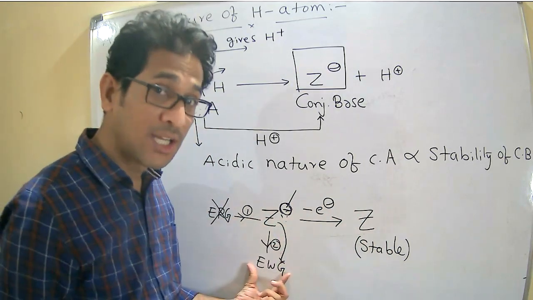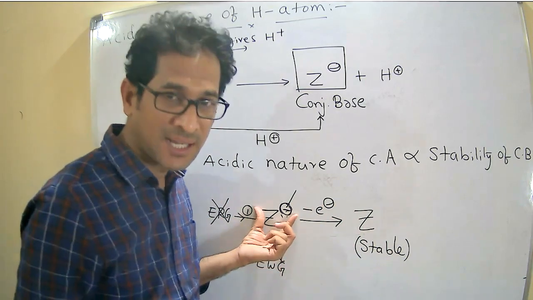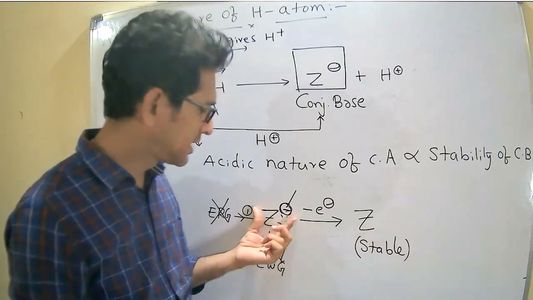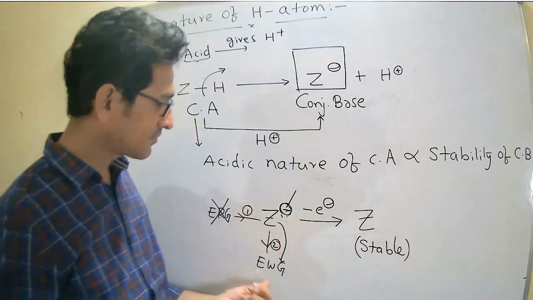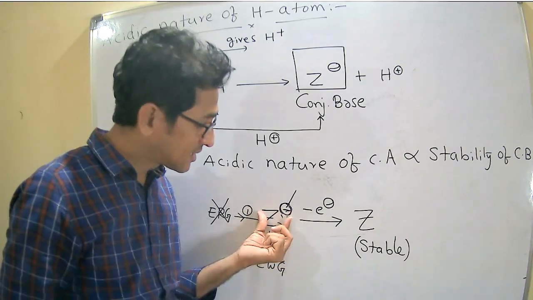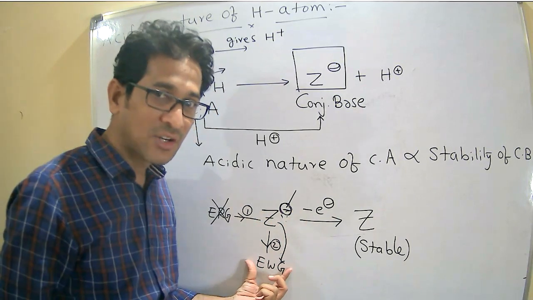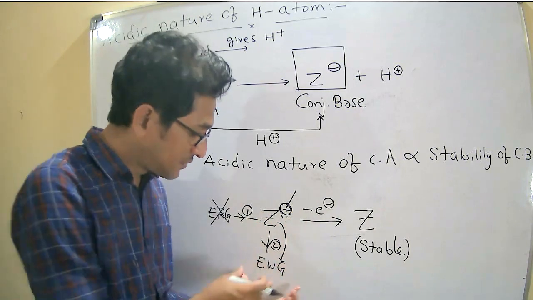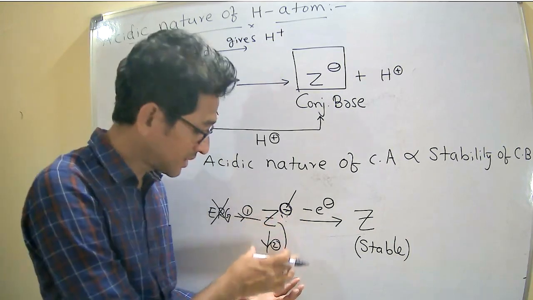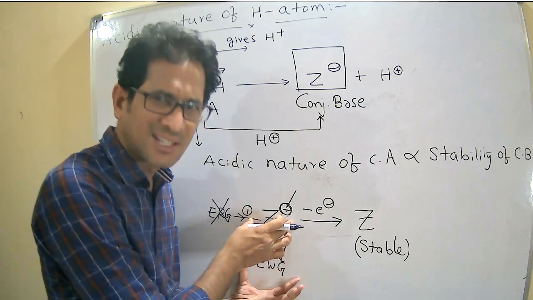Electron withdrawing groups influence the stability of the carbanion or the conjugate base, a species with negative charge. So the stability of the conjugate base depends on the electron withdrawing group. If it is a strong electron withdrawing group, it is readily stable. If it is a weak electron withdrawing group, it is somewhat less stable.